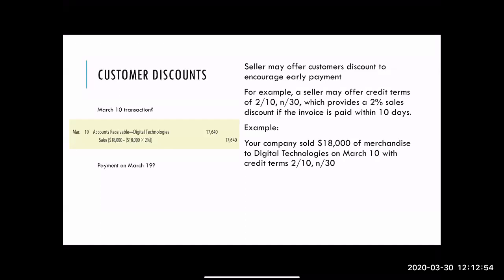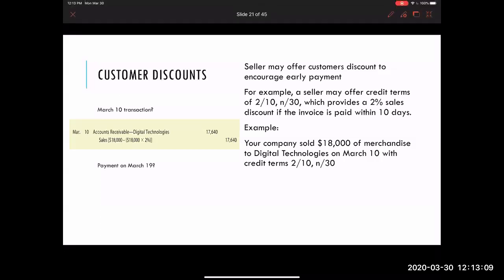What that looks like is, because they didn't pay you with cash, they gave you an IOU, and you credit sales. Now, just like on the purchase side, we're always going to assume that the buyer, whoever our customer is, will always take the 2% discount.